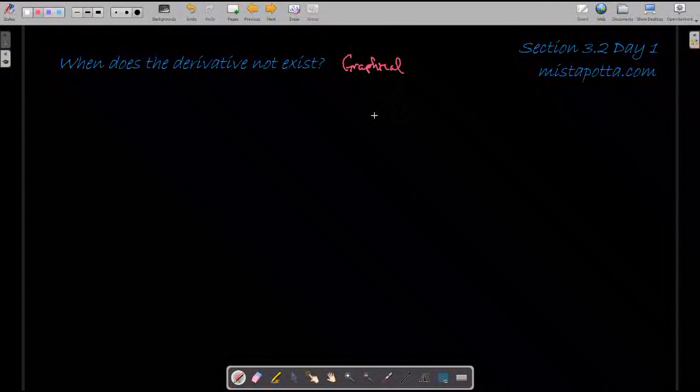From a graphical standpoint, a limit is going to have a problem whenever the slopes from the left and right are not equal.